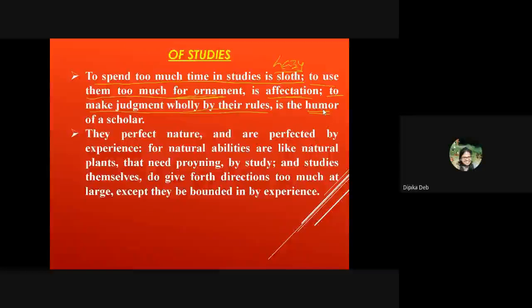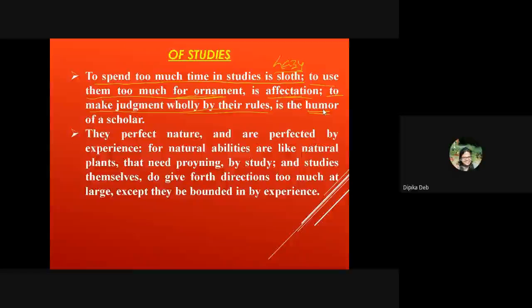So in this stanza he is saying that for making our nature perfect we need experiences, and the experiences will come only through studies. And he's saying the natural abilities are like natural plants. Like we nurture the plant, give water to the plant and take care of the plant, likewise we need to take care of our nature as well, and it will be enhanced only by the studies.